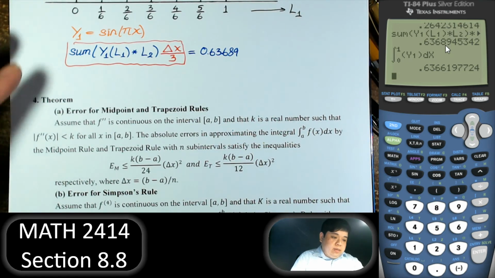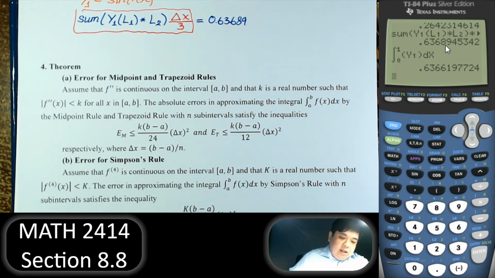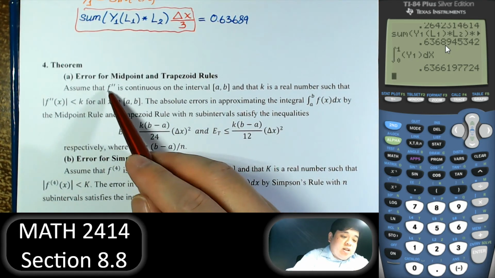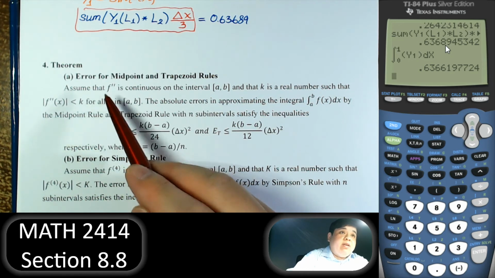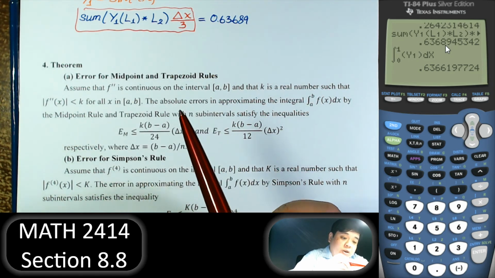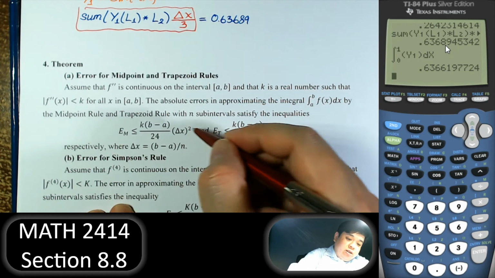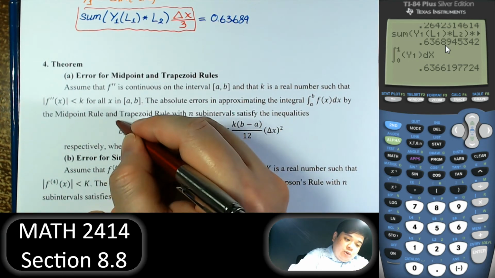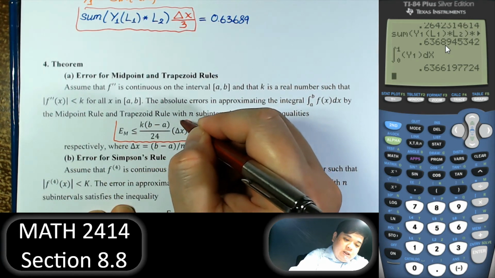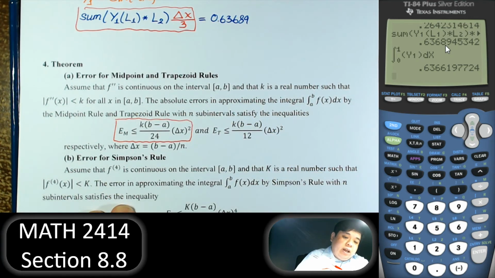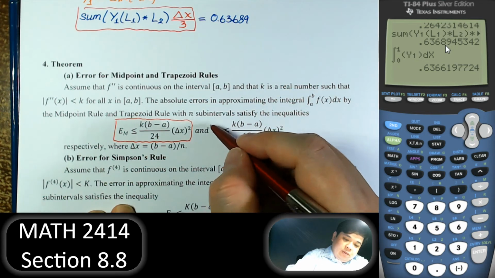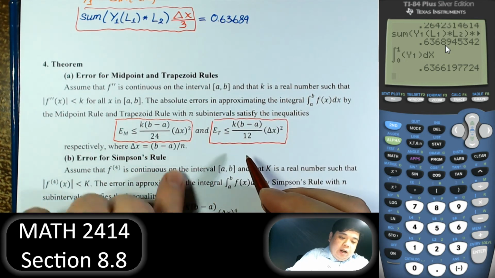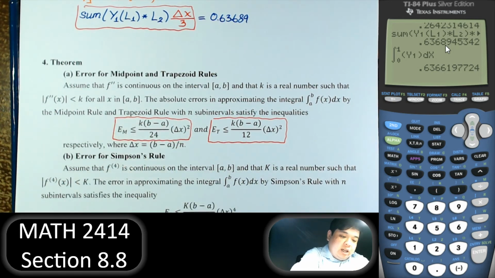Now, the error estimate. For the midpoint rule and the trapezoid rule, we need a function that has a continuous second derivative. If the second derivative is continuous, then the maximum error is equal to this, and for the trapezoid, it is equal to this. Again, delta x we know, and what is k?